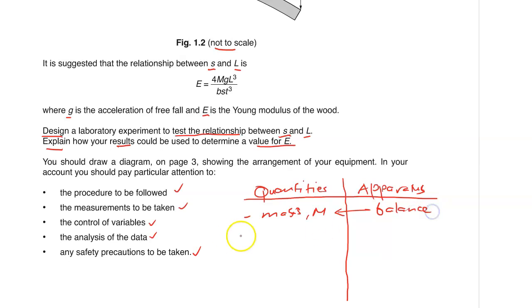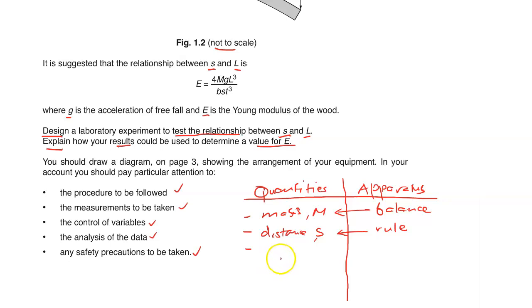Balance it is. The second quantity is S. Let me call it distance S. And the best apparatus to measure that is a ruler.